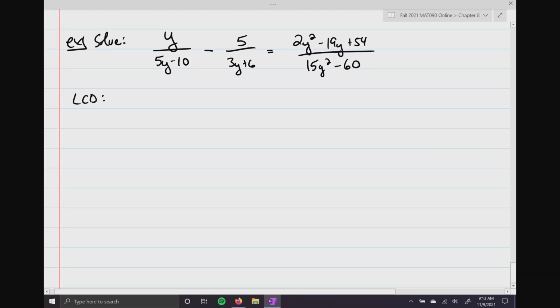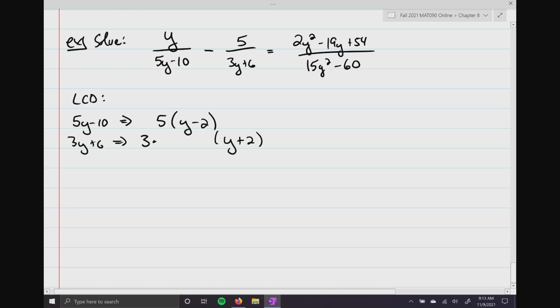So 5y minus 10, well, that's going to factor down into 5 times y minus 2. Okay? 3y plus 6, well, that's going to factor down into 3 times y plus 2. All right? Give myself a little bit of space.